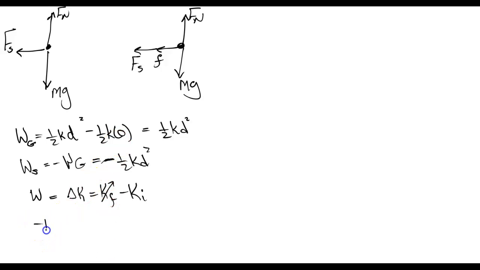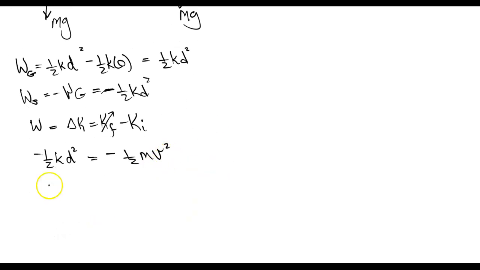So we have minus 1/2 kd squared equals minus 1/2 mv squared. And if we solve for d, notice that the minus 1/2s cancel out. So we get that d equals v times the square root of m over k.